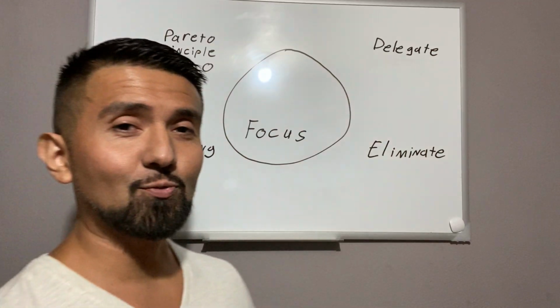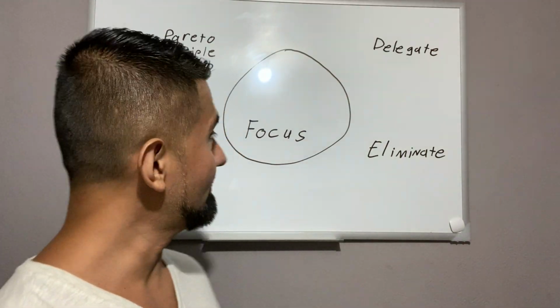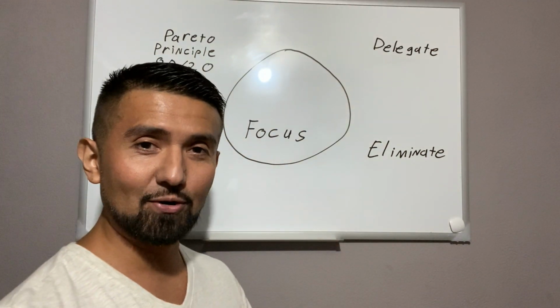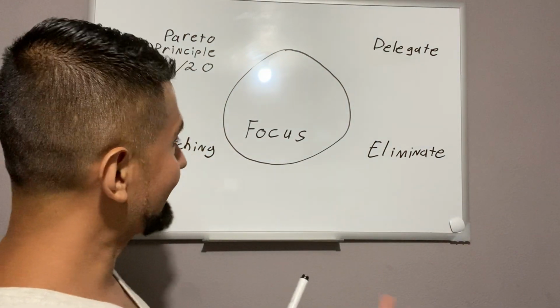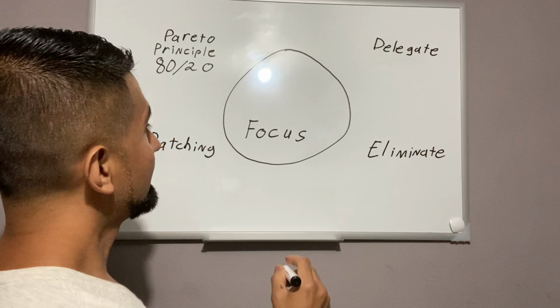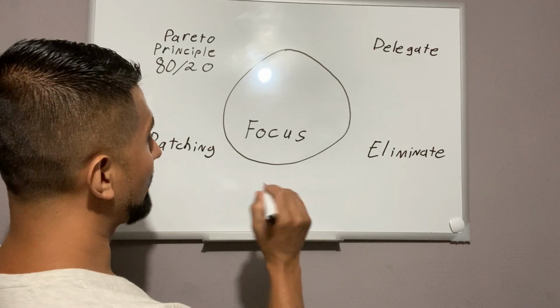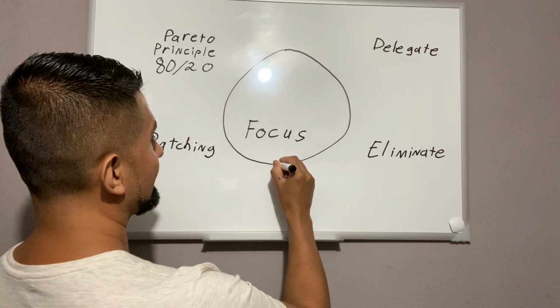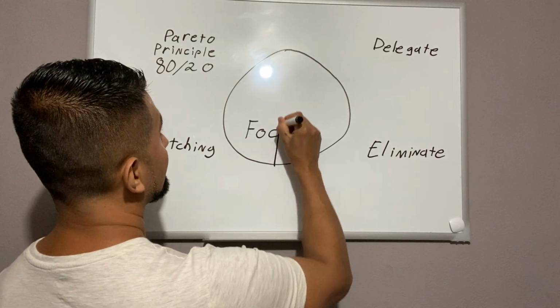Now I want to get this right on the first try because I don't want to have to redo my pretty circle here. But with that said, this represents our focus. The way it's supposed to look is basically like this.